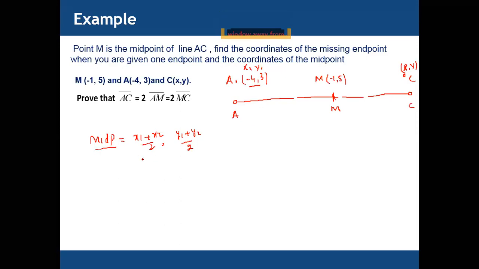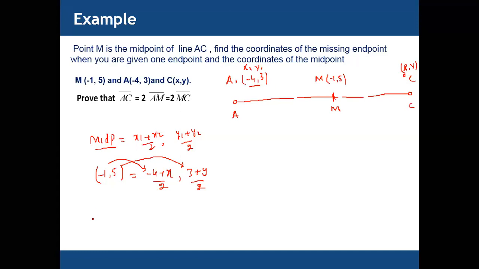Replace the midpoint by -1 and 5: x1 plus x2, so x1 is -4 plus x2 which is x, divided by 2, and y1 plus y2, so y1 is 3 plus y, divided by 2. y2 is only y, we don't know the value of y2. Excellent. Now compare the first number with the first, x with x, and the second number with y.